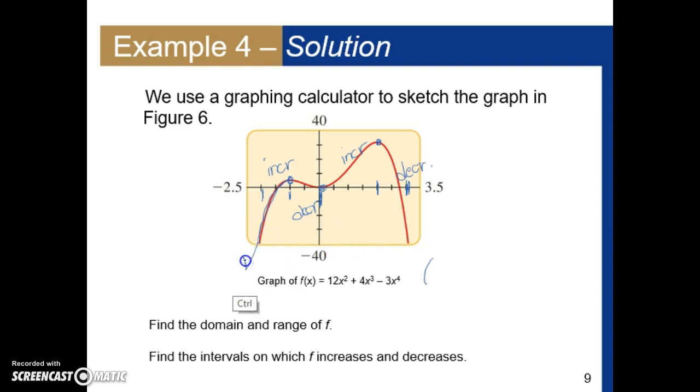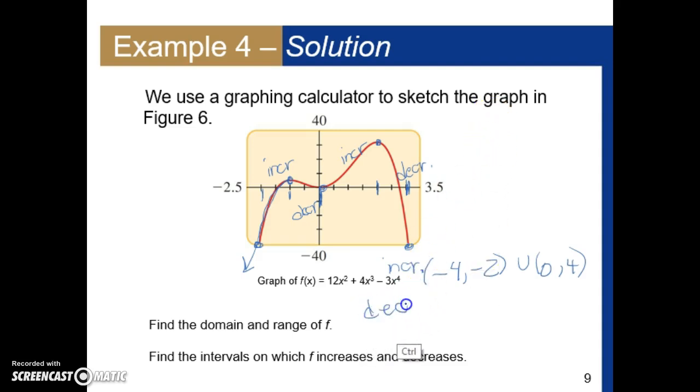This may well go on off here, but we're going to pretend like it stops right there. So we definitely know from -4 to -2 this function is increasing. It's also increasing from 0 up to 1, 2, 3, up to 4. So a union of two sets. This is the interval over which this function is increasing.